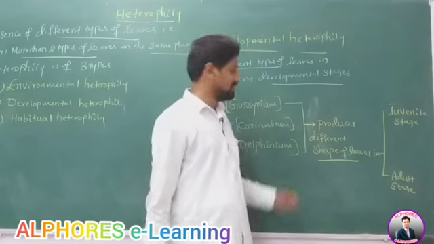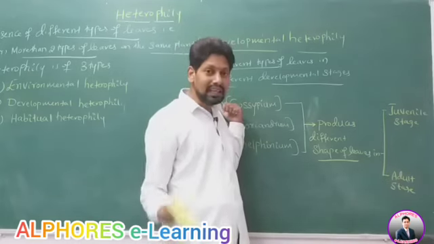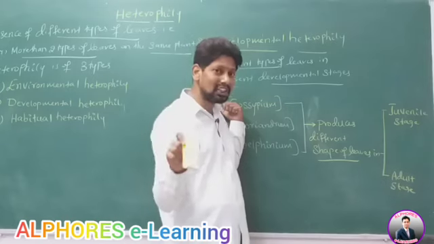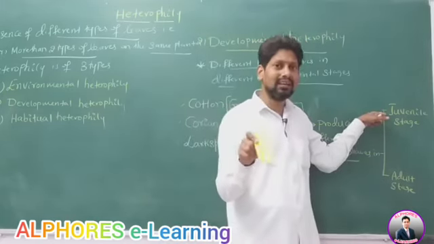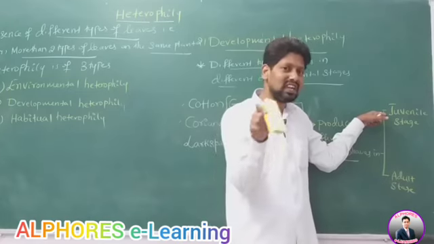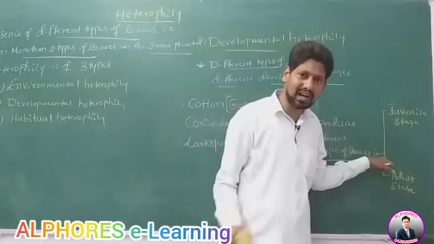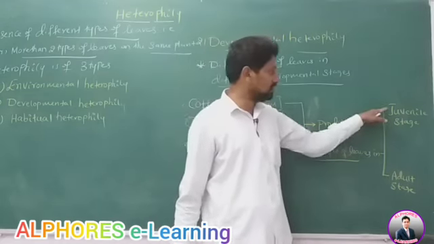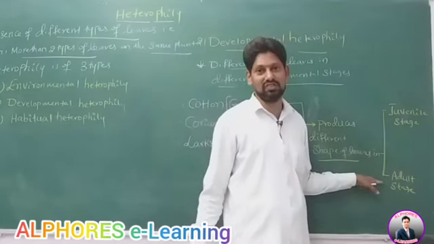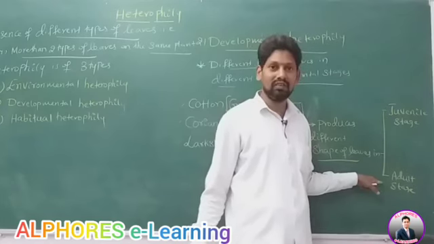Does the cotton plant contain the same shape of leaf in the adult stage also? No. Different shapes of leaves in the juvenile stage and in the adult stage. Is this statement okay? Right?